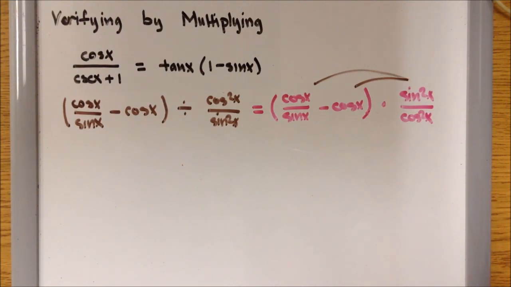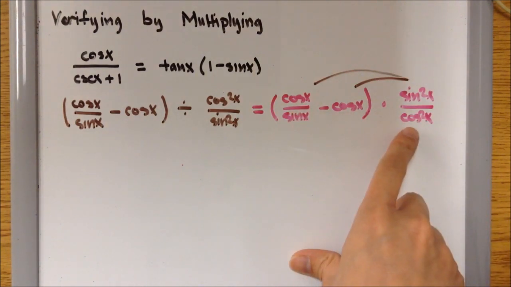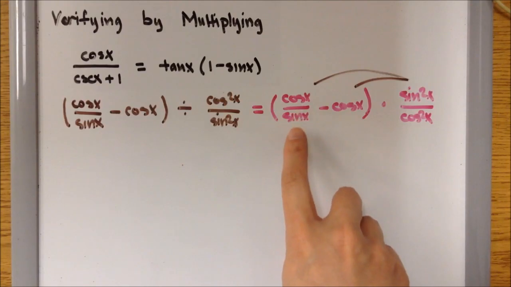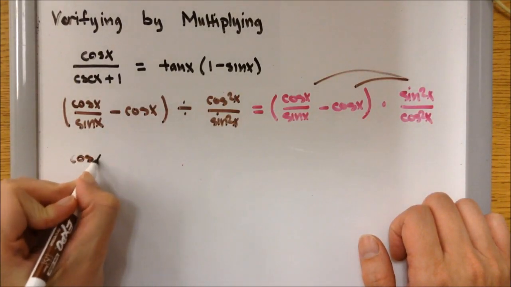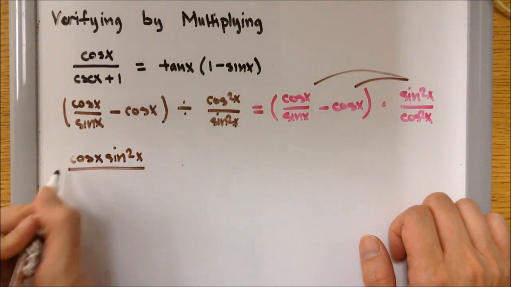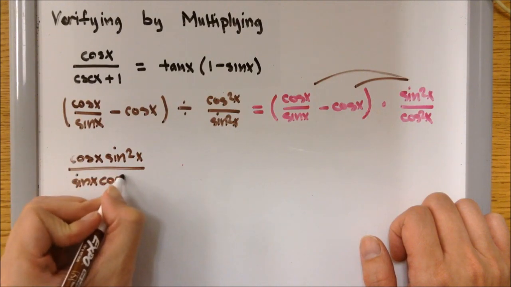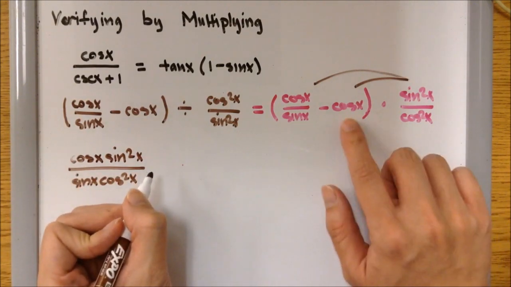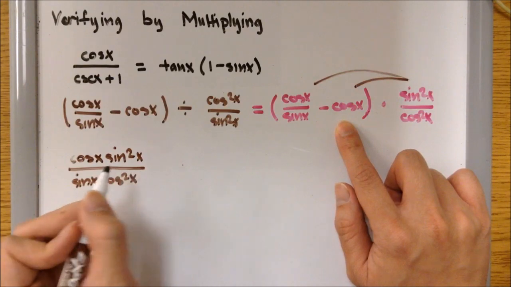So when we multiply sine squared x over cosine squared x to cosine x over sine x, it will be cosine x sine squared x over sine x cosine squared x, and then we're going to multiply this fraction, sine squared x over cosine squared x, to this minus cosine x.